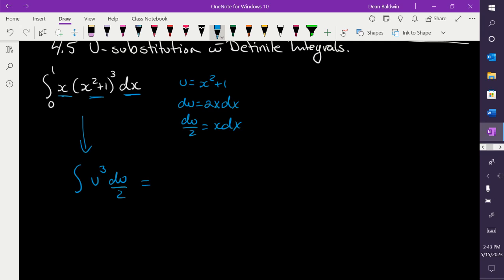Now you find the antiderivative of that, which is what? u to the 4 over 4, but there's a 2 there, so I'll put an 8. And then you would plug back in what u was.